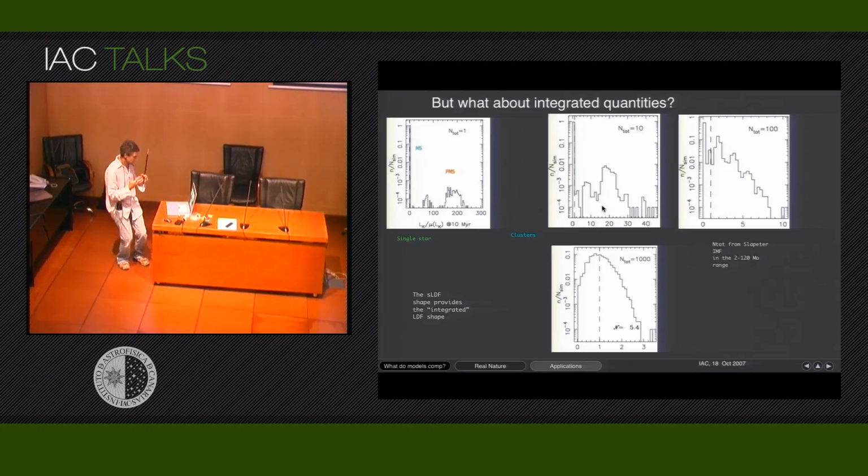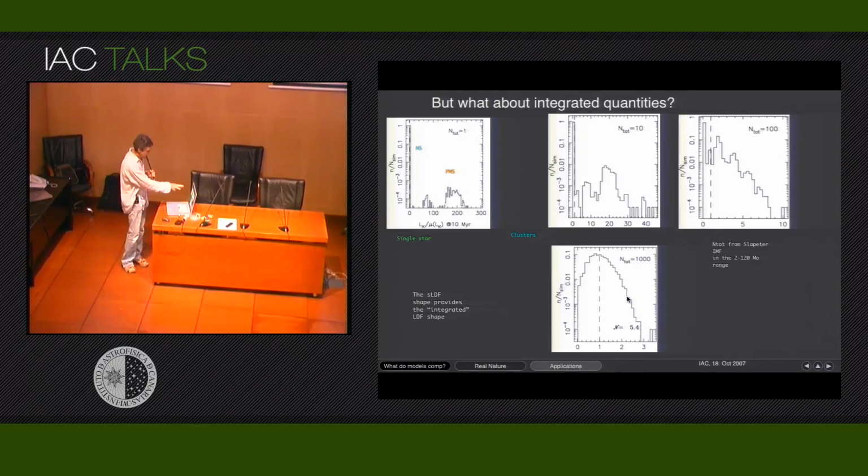They are always normalized to the mean luminosity. So when you go from here to here, the scale decreases by a factor 10, and if you go to 100 stars or to 1,000 stars, you obtain distributions like these.